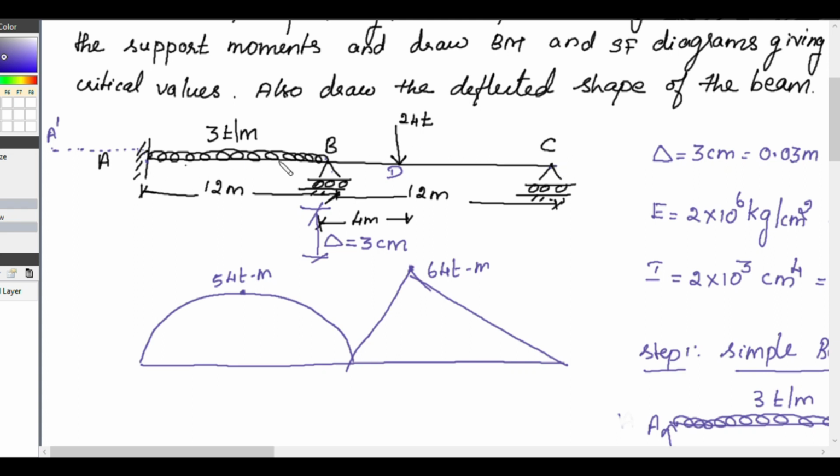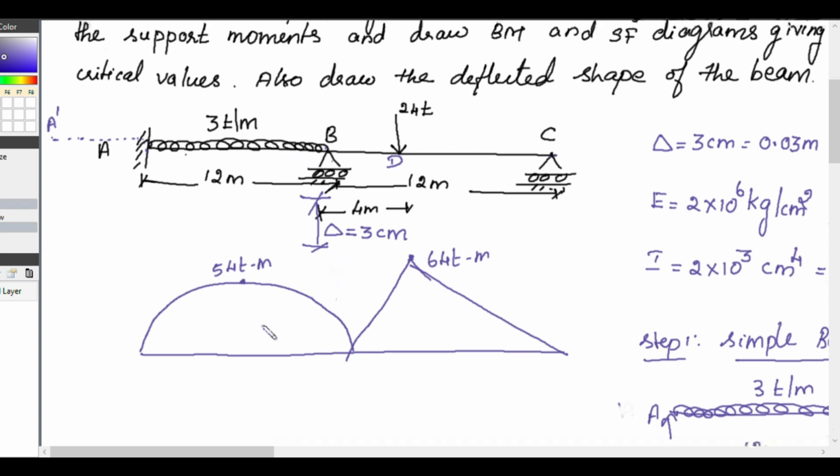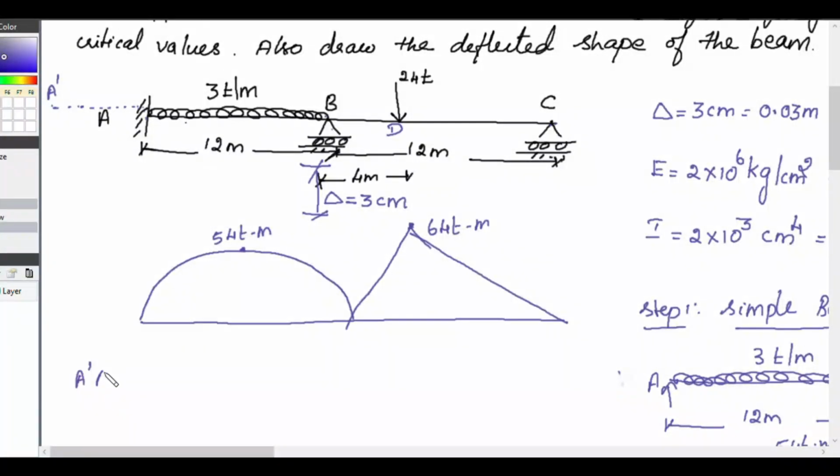So for the span AB, listen, I will write here, when we are taking A dash A and AB, A dash is our extreme support and B is our extreme support. That means when we are considering the span AB, we have to take A into x bar from B. Now, when we are considering the span AB, BC, A is our extreme support, C is our extreme support.